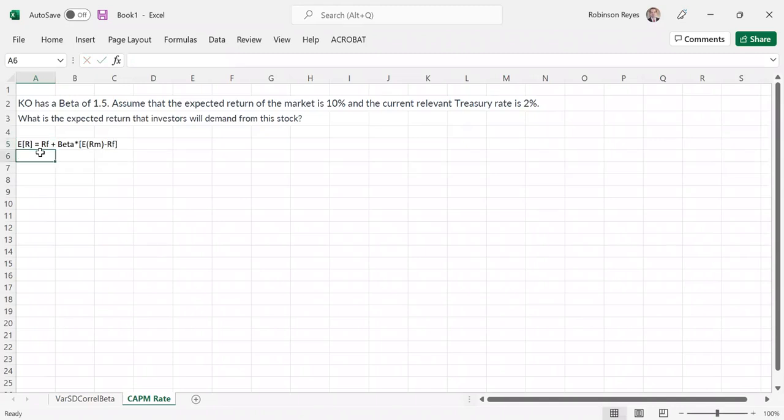Let's keep in mind that the expected return of the market minus the risk-free rate is called the market risk premium.